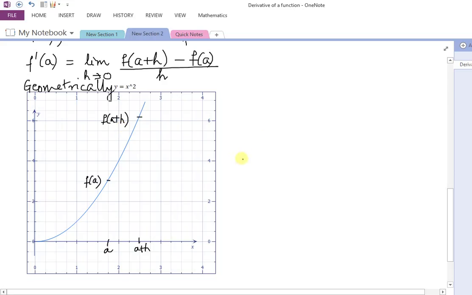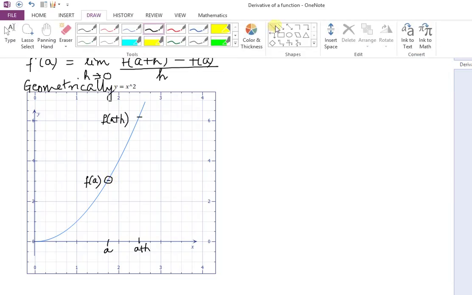Now, one way to get an approximate value of this f(a + h) is to draw a tangent at this point. So let's do that.